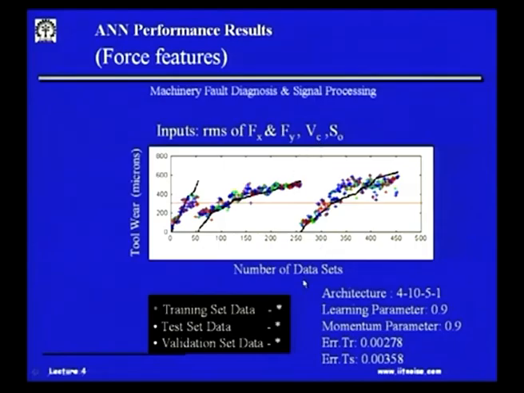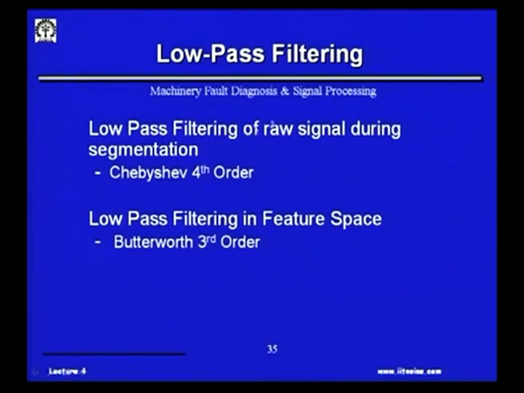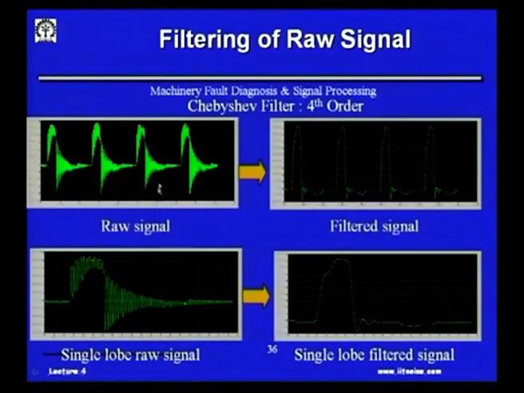So we have established a reliable neural network model for doing such prediction. And just to tell you that the filtering was done through a Chebyshev fourth order filter, and for the raw signal and the feature space it was a Butterworth third order filter. So raw signal, filtered signal, and then single lobe filtered signal.